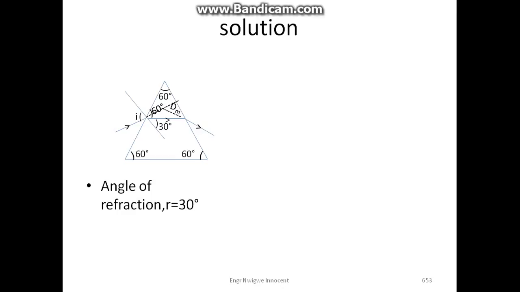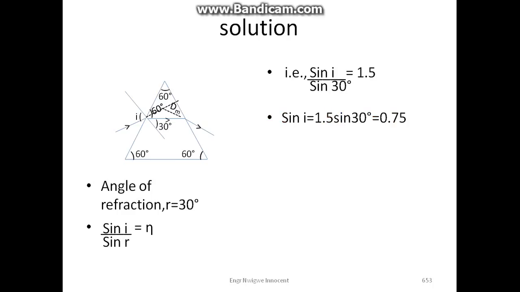Sine i over sine r, sine incidence over sine refraction, is equal to n. That is sine i over sine 30 degrees is equal to 1.5. Making sine i the subject of the formula, we have 1.5 sine 30, which will give us 0.75. Therefore, i is equal to sine inverse of 0.75, which will give us 48 degrees 35 minutes.